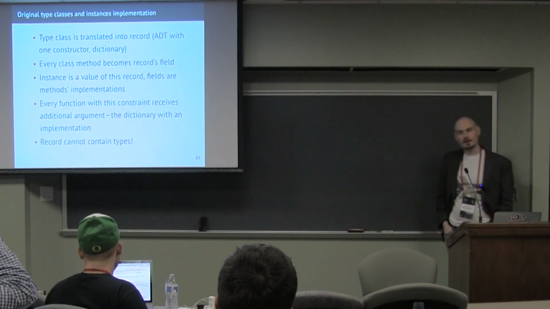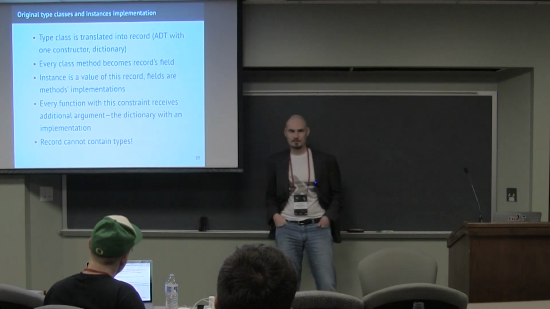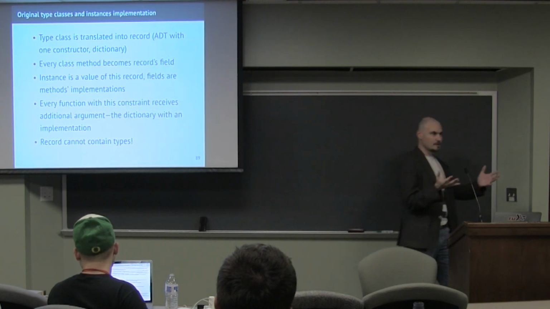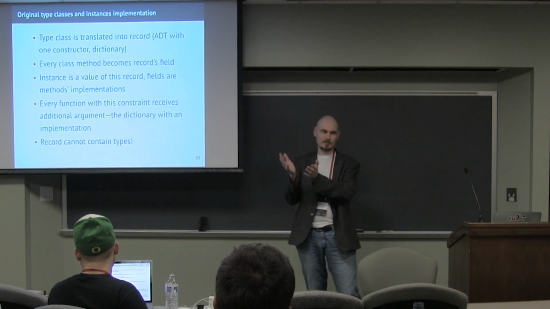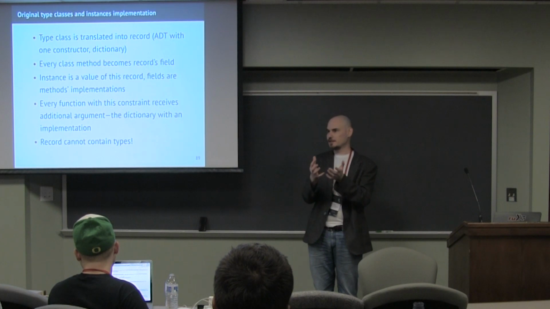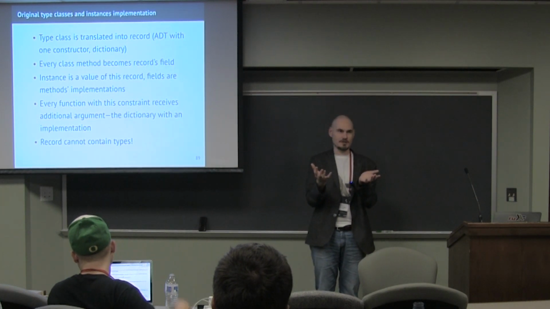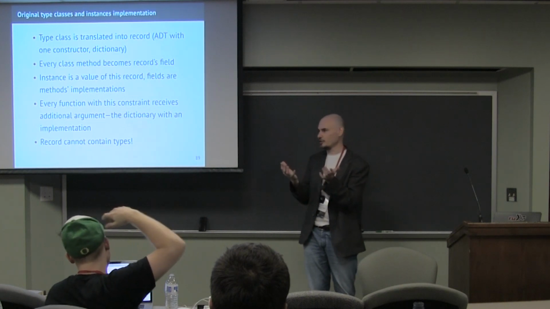One problem here with this translation is that records cannot contain types. And that means that we have these chars and LMC and their types, and we cannot put these associated types into the record, because it's not a value, it's a type.